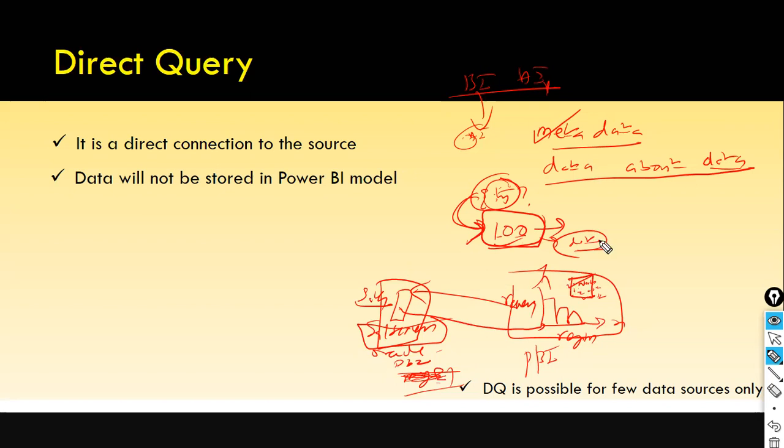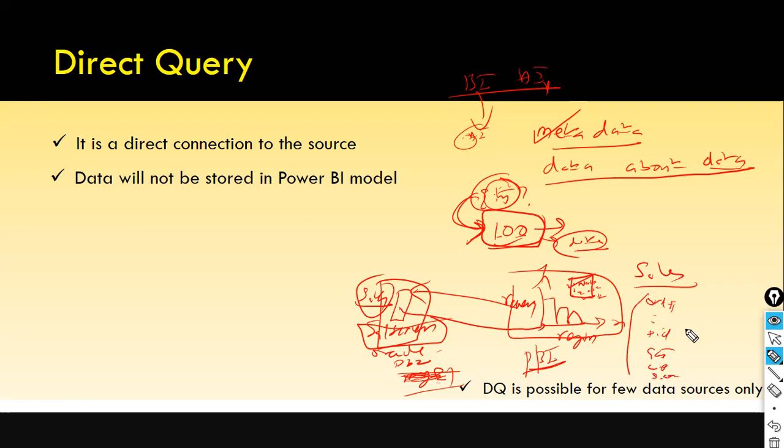But in order for Power BI to generate the SQL, it needs to know the table name and column names, right? So only the skeleton will get loaded: the sales order number and so on, the product ID, the quantity, the list price and the sales amount.